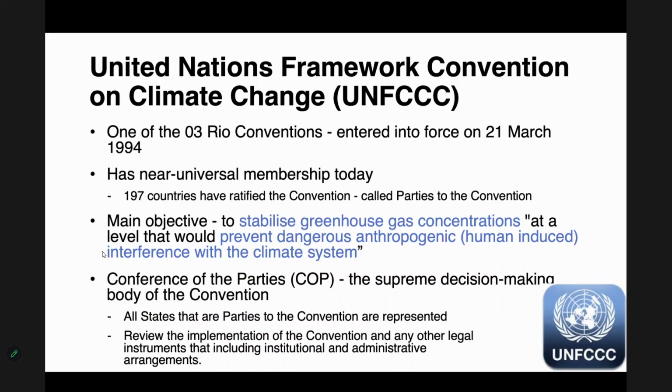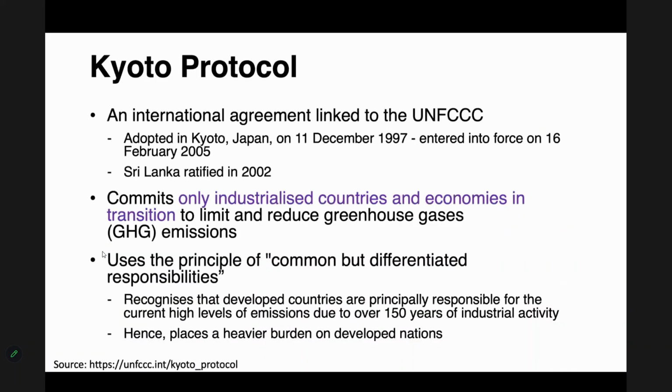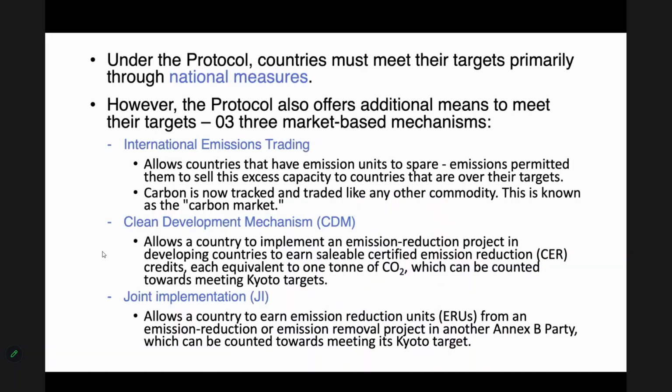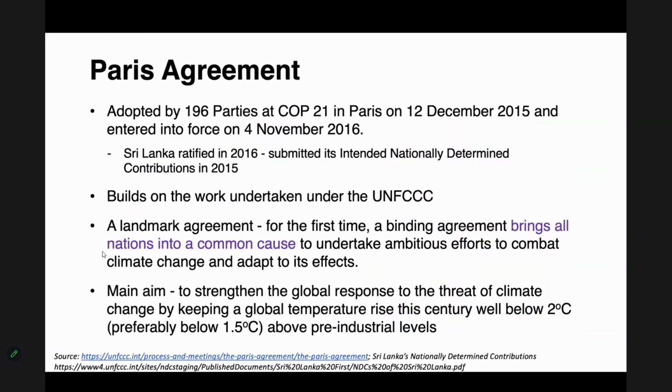Linked to the Framework Convention, we have a couple of international agreements. We have the Kyoto Protocol, which committed the industrialized countries and economies to limit and reduce greenhouse gas emissions. And then this was further developed through the Paris Agreement, which was adopted in 2015.